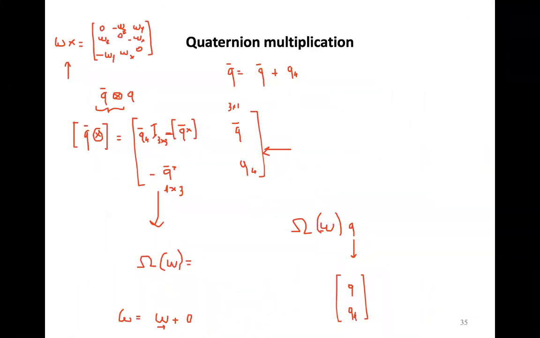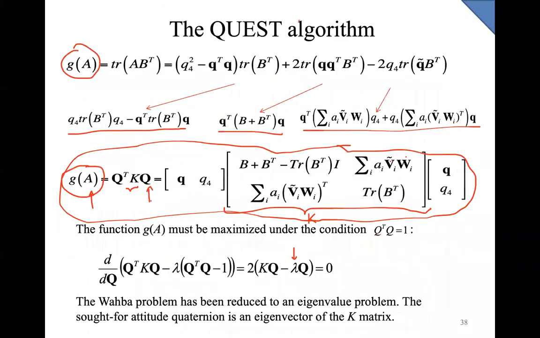cost function G(A) to the formulation of the eigenvalue problem. What we would like you to know at the exam is exactly why we are doing an eigenvalue problem and what it means.